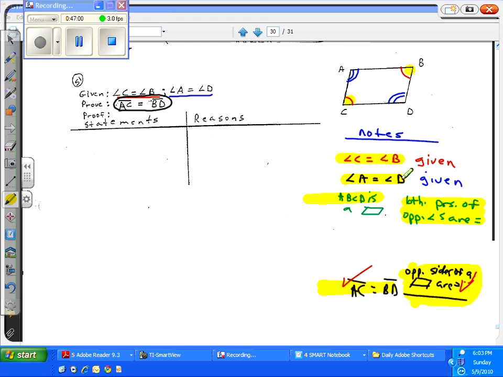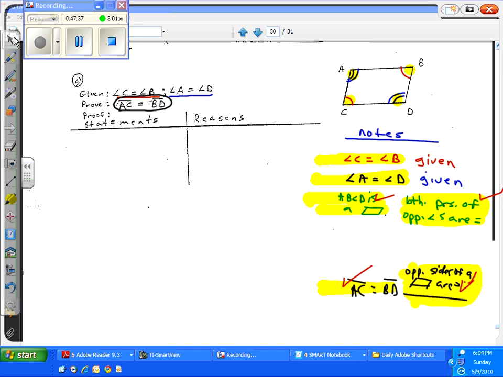A and D, yes. This reason needed this statement to say that it's a parallelogram, and it needed these statements that say, yes, those angles are equal. So we need these three statements to justify that reason. That reason is justified, and once it's justified, then its statement is justified along with it. And so this is good stuff here.